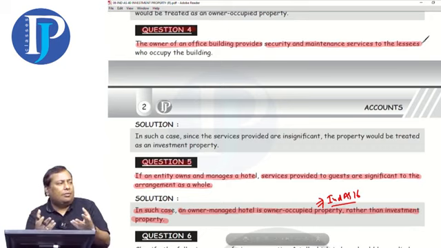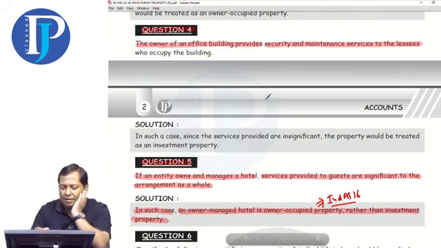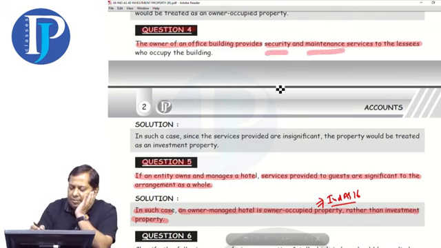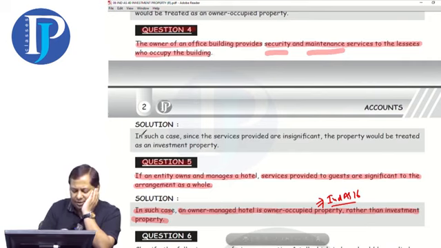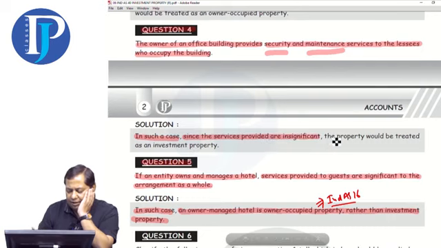It really happens. What is the owner providing here? He is providing security and maintenance. What are these? These are insignificant services. In such a case, since the services provided are insignificant, the property would be treated as an investment property.